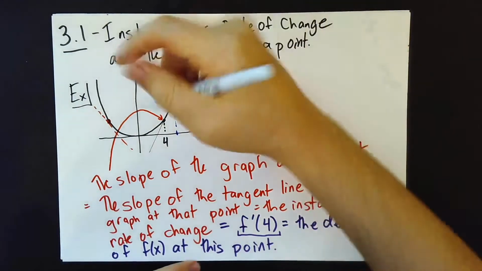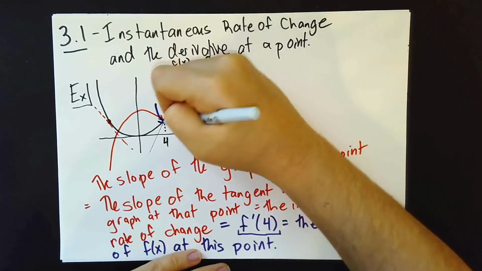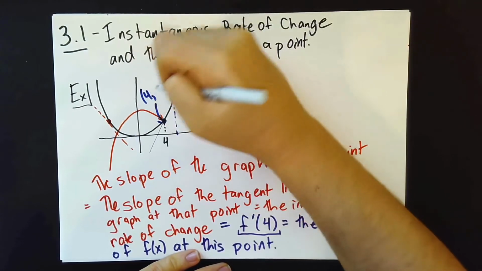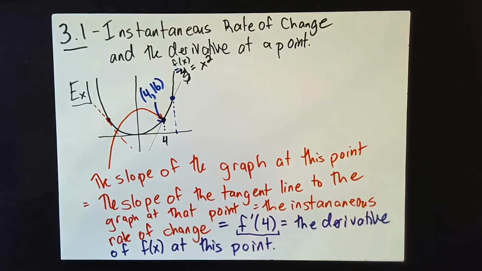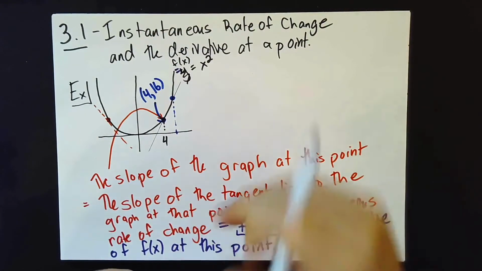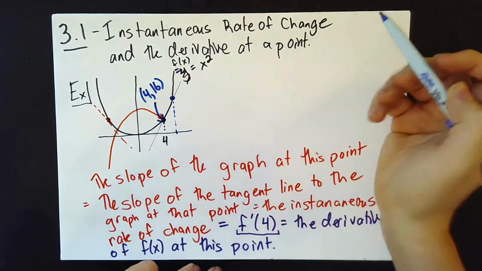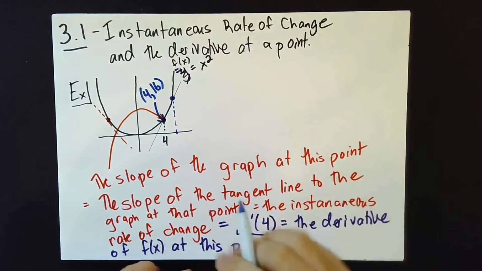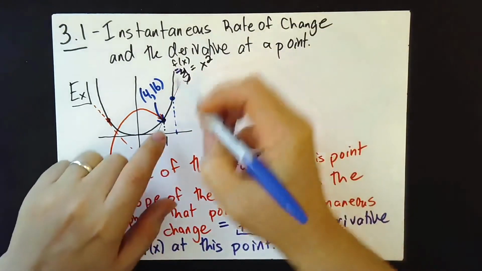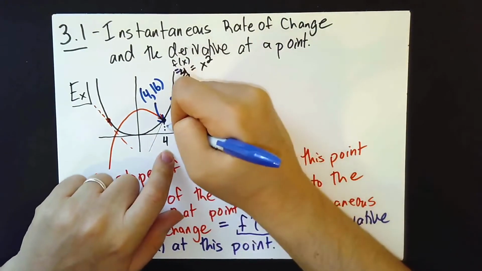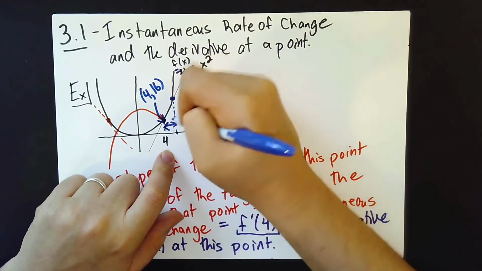So this point here, it is 4, 16. The 16 is because 16 is 4 squared. And I'm going to go ahead and decide that the gap here, I'm going to label as h.